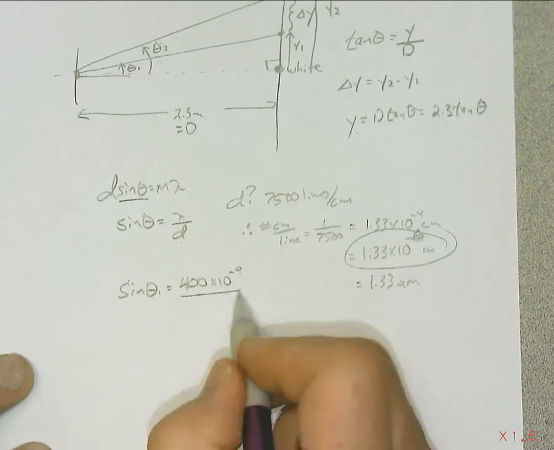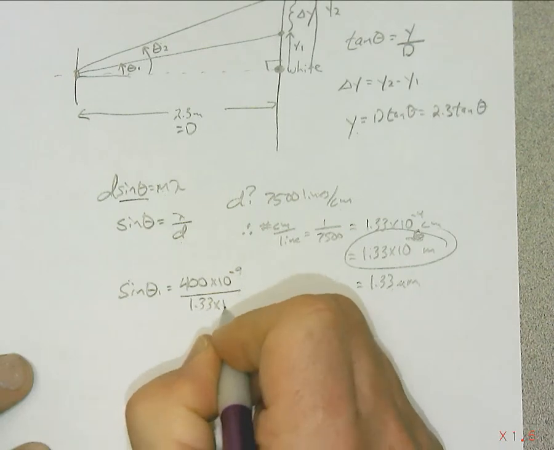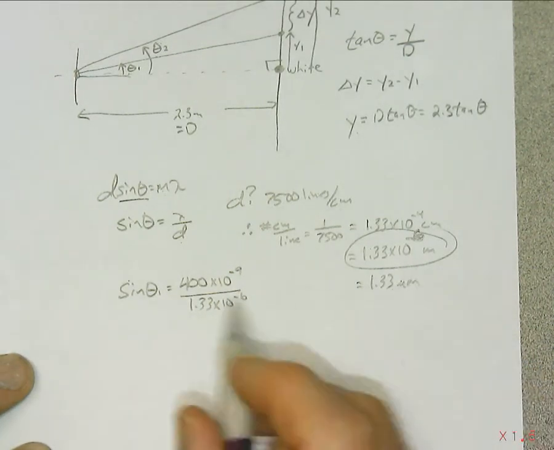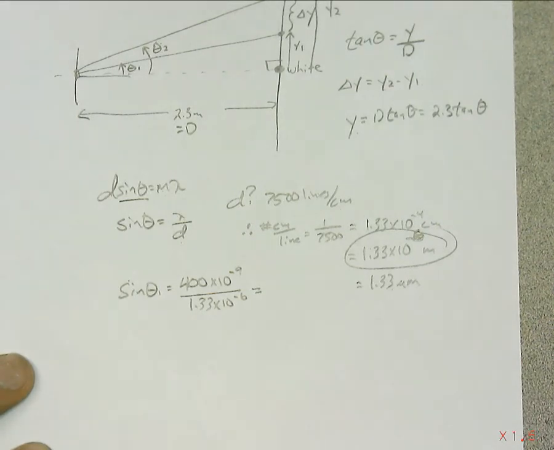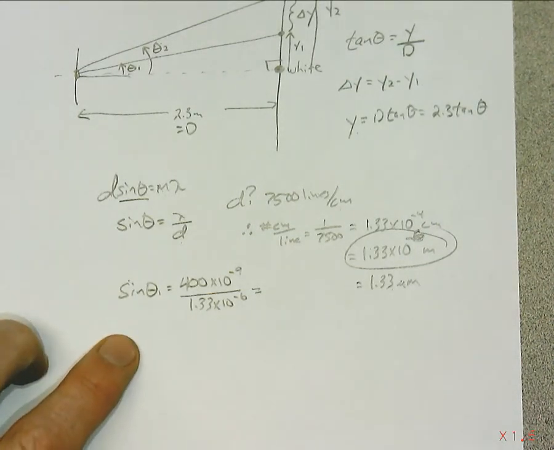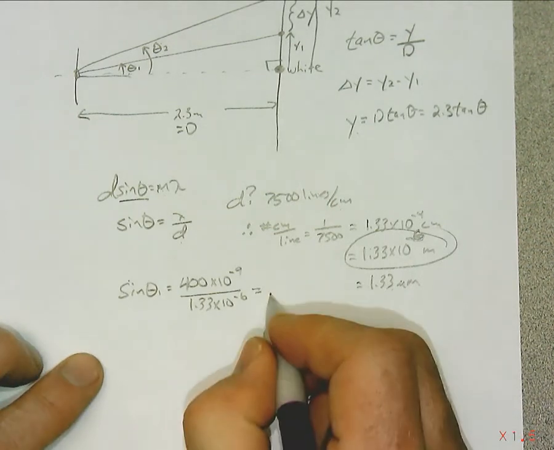The d is 1.33 times 10 to the negative 6, 1.33 micrometers. 400 times 10 to the negative 9 divided by 1.33 times 10 to the negative 6 gives 0.30.